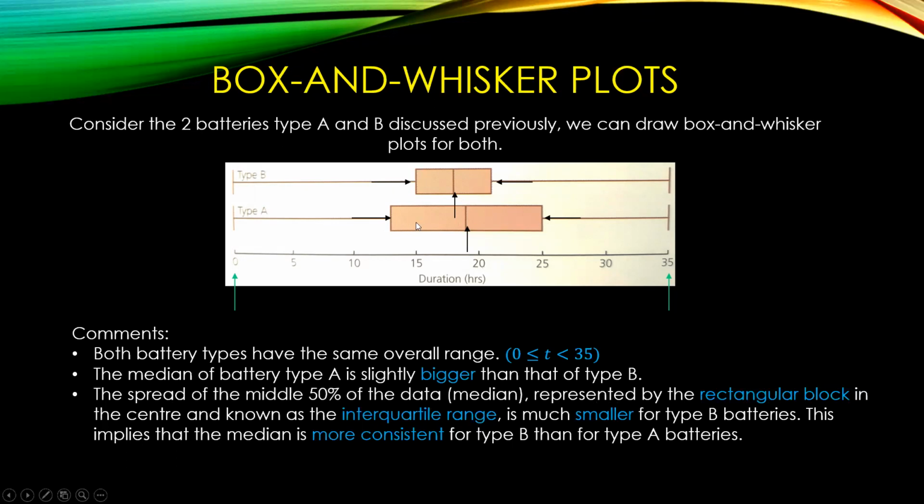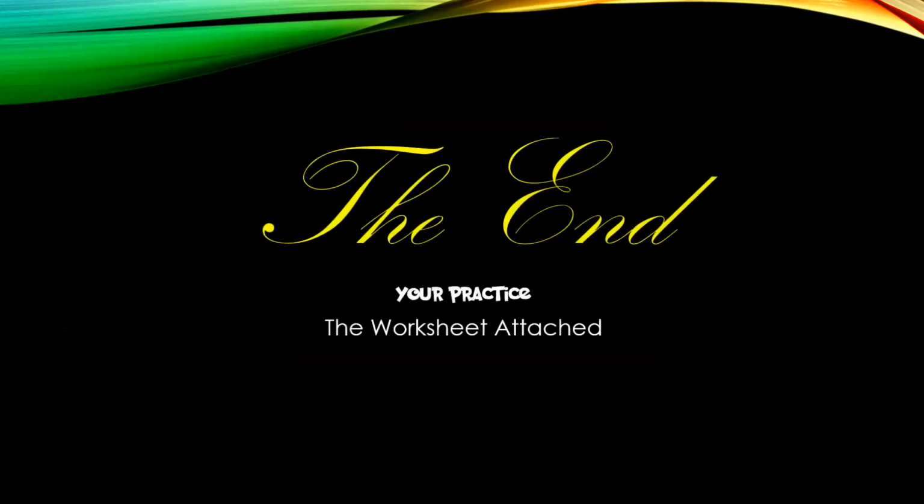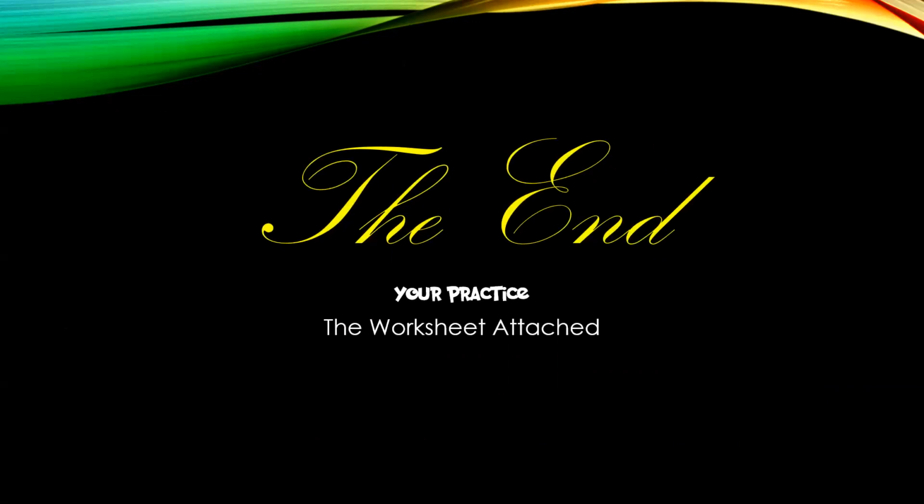You can see type A is quite big, and type B is smaller than type A. So this implies that type B is more consistent, because its interquartile range is shorter. Okay, so this is all about the box and whisker plot. I think that is the end of this chapter, and I will attach one worksheet for you to do. Okay, thank you and goodbye.